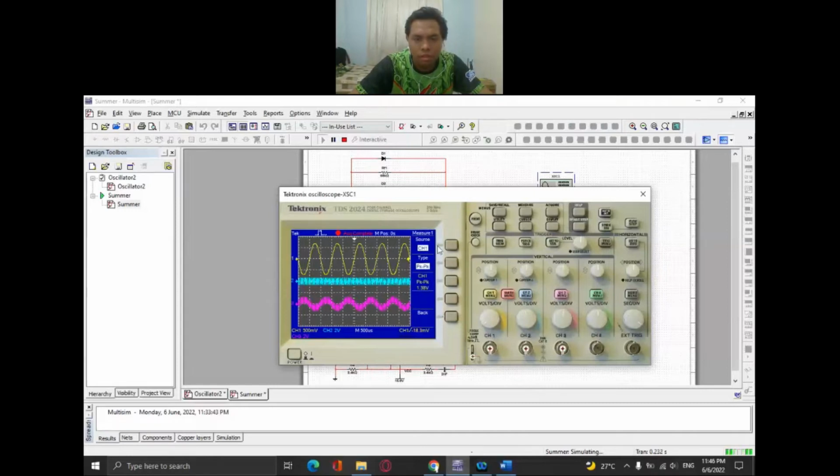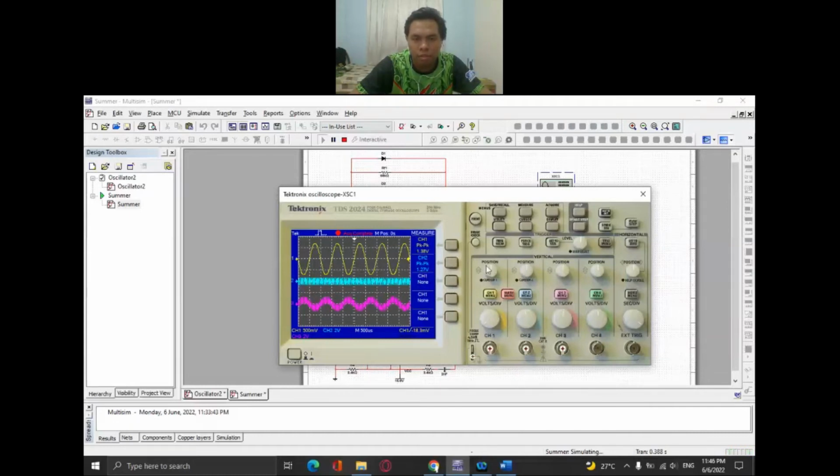For channel 1, we got an output value of 1.38 volt for the first input, the oscillator 1 circuit. And now for channel 2, we got 1.27 volt for the oscillator circuit number 2.